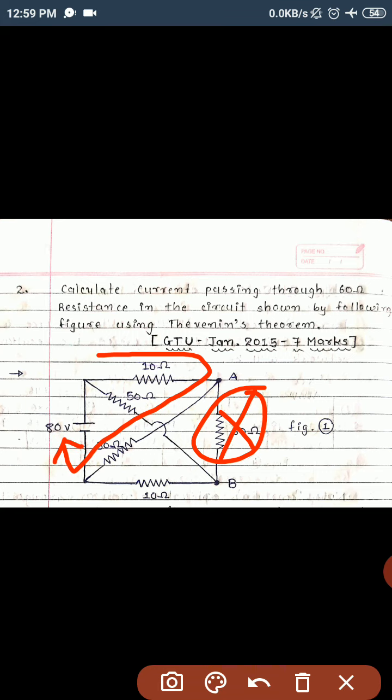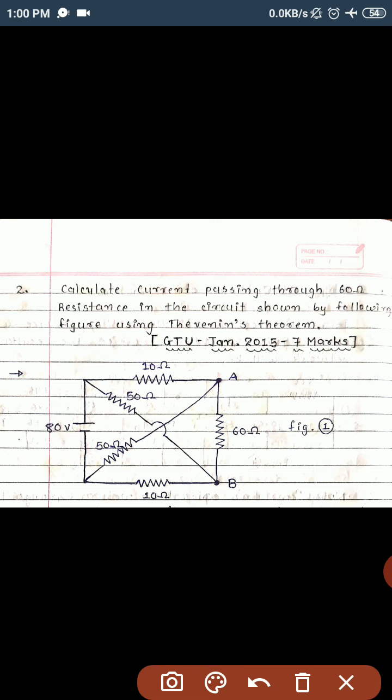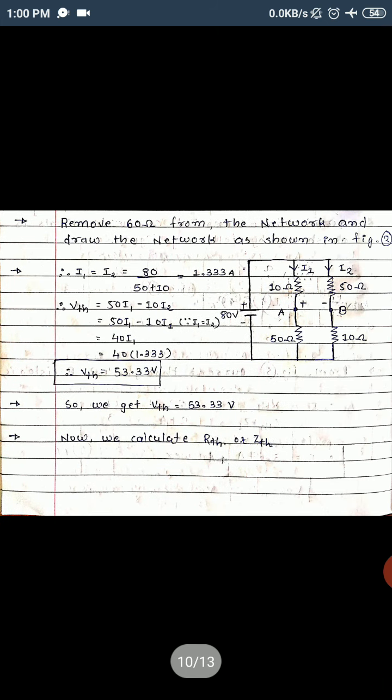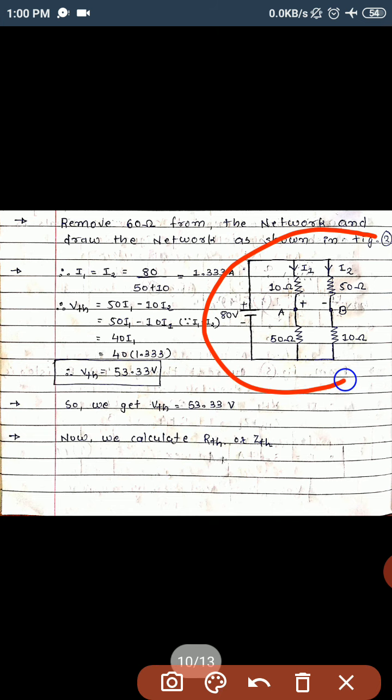Then 10 to 50 to negative, and the second one is 50 to 10 to negative. So this figure will be redrawn in our second half portion, like this, that we already discussed: 10, 50 to negative and 50, 10 to negative.